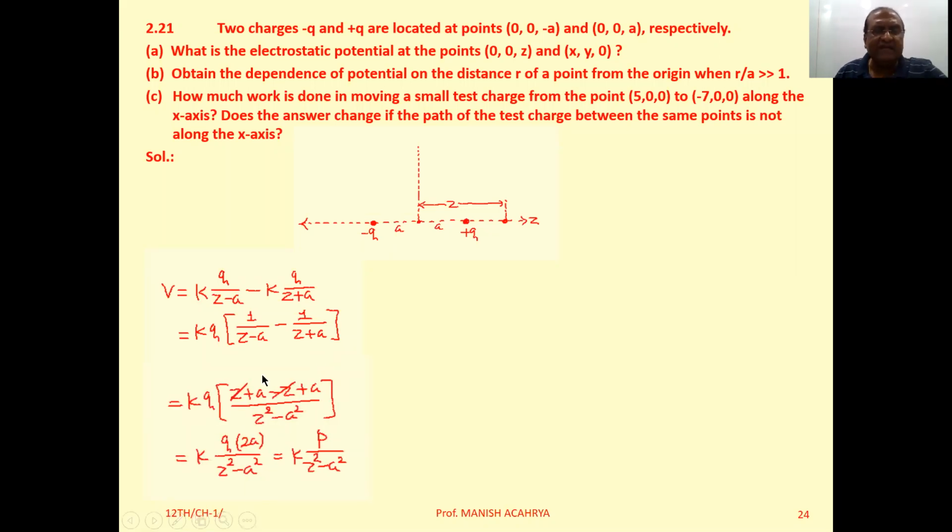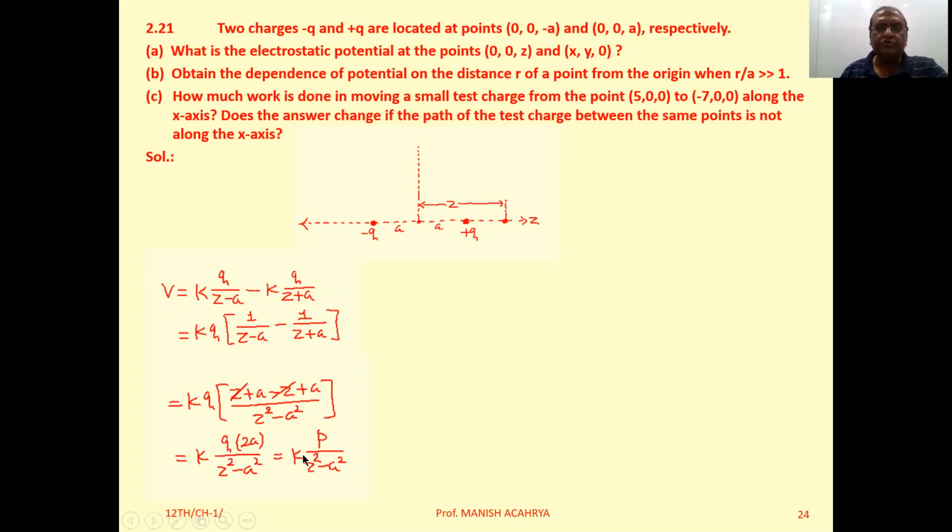Now by taking LCM, simplify this. So kq times z plus a minus z plus a, and in the denominator z minus a into z plus a, which directly we can write as z square minus a square. Now z cancelled. So kq times a plus a, that is 2a, upon z square minus a square.